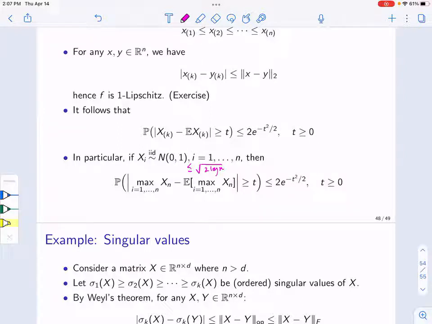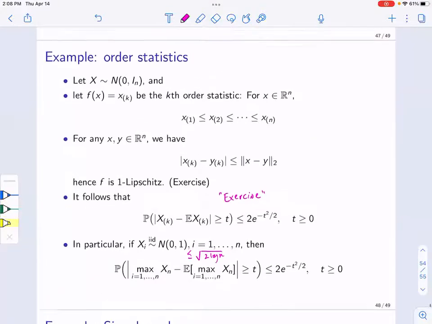If you don't try to say that the order statistic is close to its expectation, and you just want to bound the size of it, some other techniques might be useful, similar to the thing that we did. So those techniques can be used to control the order statistics as well. So maybe this could be an exercise or homework problem. If you guys really feel like doing it, I could try to assign.